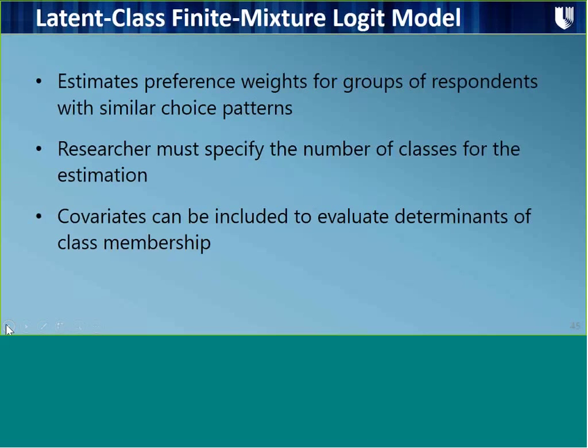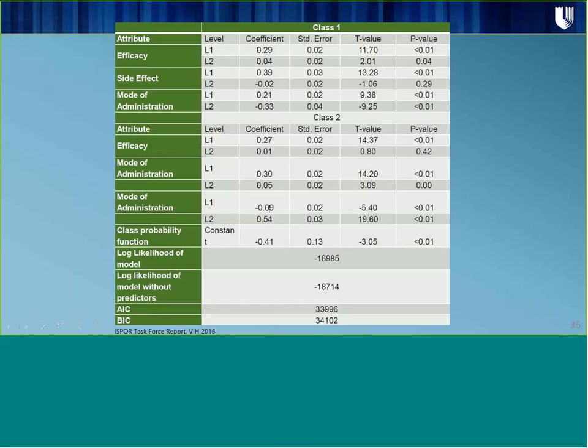I believe it's on these. So in the last result slide, LCA Class 2 showed mode of administration twice rather than efficacy, side effects, and mode as Class 1 showed. I think what she's referring to is this one here, maybe? Oh, yeah. I don't know if you can help explain that.